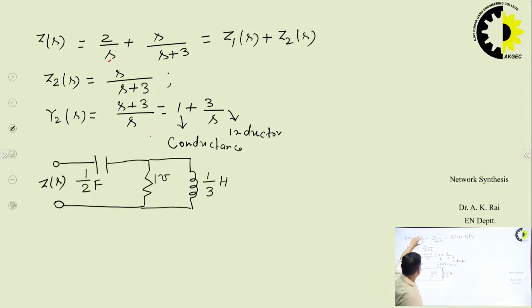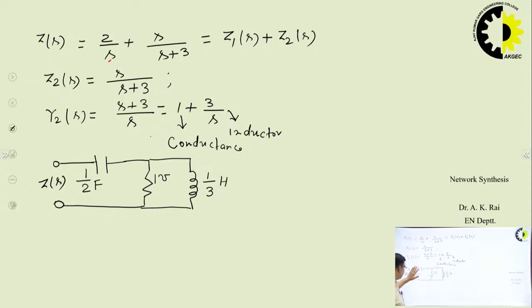This is your capacitor. Zs is equal to 2 by s plus s by s plus 3, Z1s plus Z2s, where Z2s is s by s plus 3, and Y2s is just inverting it, so 1 plus 3 by s. So this is the decomposition of Fs.